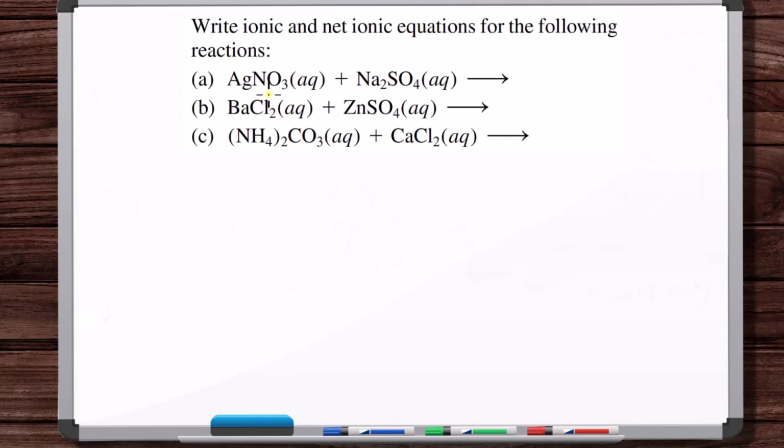So we're starting off with mixing these two aqueous solutions that have ionic compounds dissolved. We can start with the molecular equation. In the molecular equation, we just leave all the compounds with their full chemical formulas, even if they do dissociate into ions in solution.